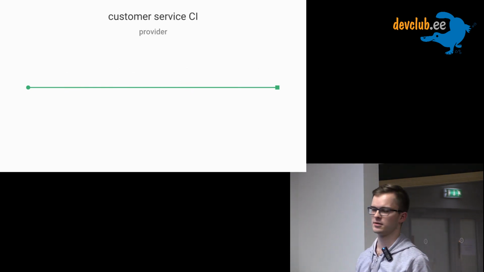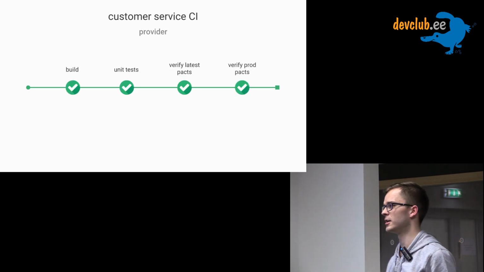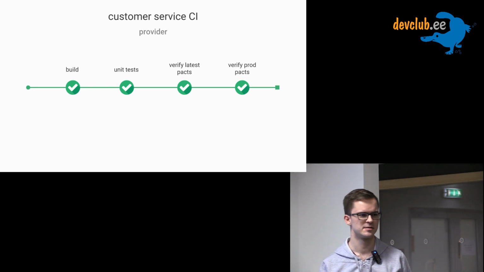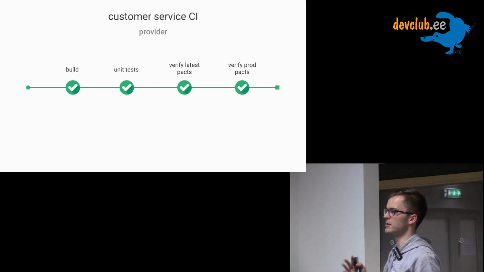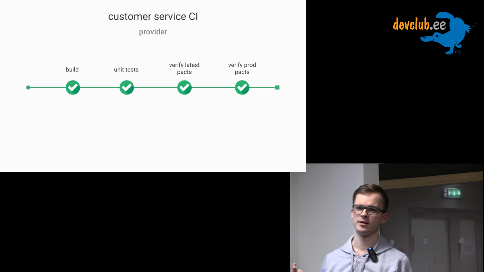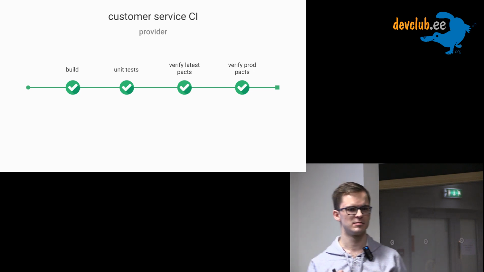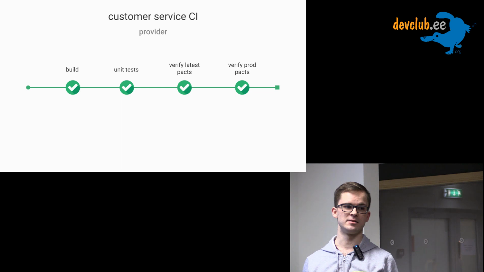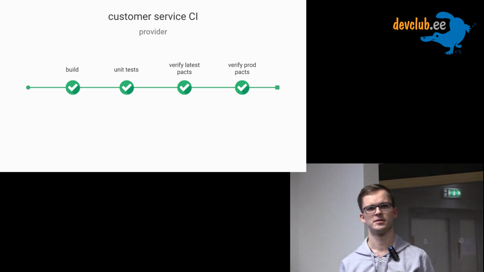Then let's say we configure a customer service CI build, and it will more or less do the same things. Initially build, run unit tests, and then the next step is it will start to verify the Pact, but it will ask the Pact broker, give me the latest Pacts that are related to me, and it will verify all of them. This ensures that whatever change was made to customer service is compatible with all of the latest changes from every other service.